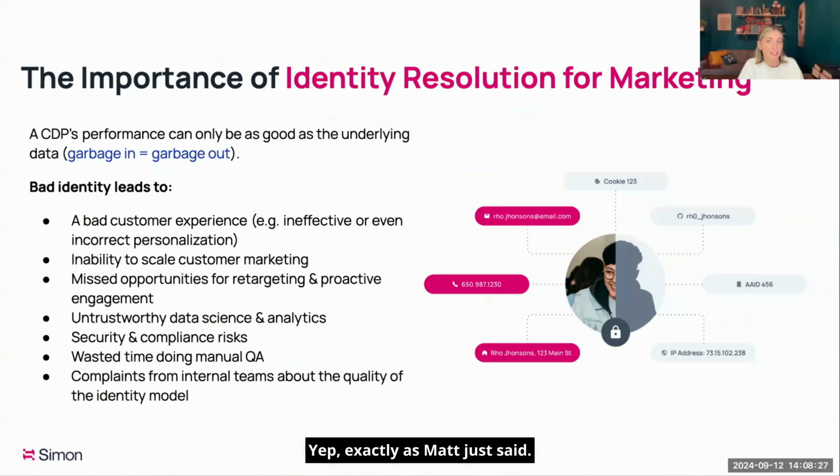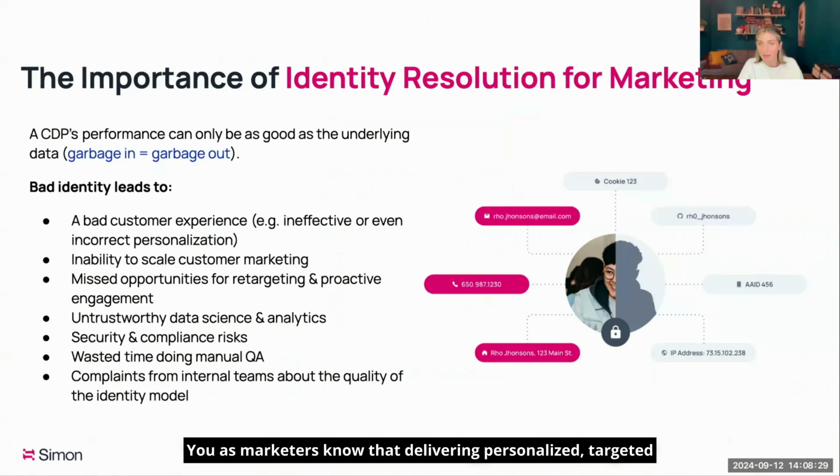Yep, exactly. As Matt just said, you as marketers know that delivering personalized, targeted messages is key to driving engagement. But fragmented customer data can seriously hinder your efforts. Without accurate identity resolution, you're often left with incomplete or even incorrect customer profiles, leading to missed opportunities for retargeting, wasted ad spend, and ultimately poor customer experiences.